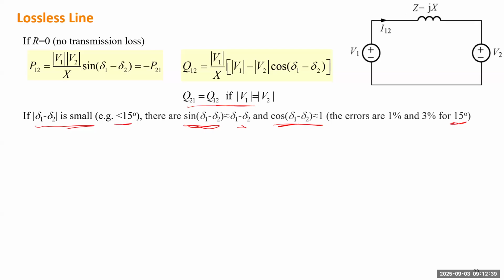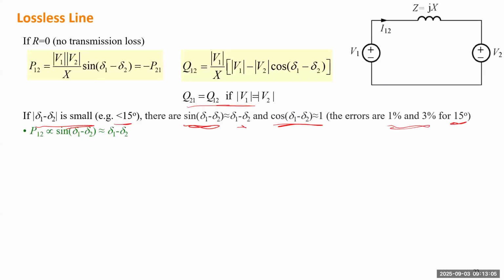And for 15 degrees, that error is only about 1% or 3%. It's a pretty good estimation. So if your angle difference is within 15 degrees, you can use the angle itself to estimate the sine of the angle, and cosine of the angle will be roughly 1.